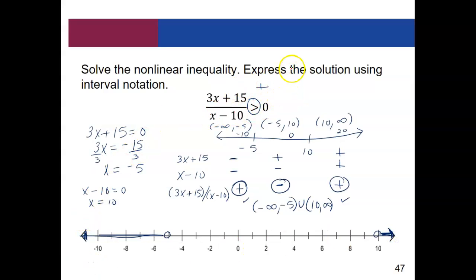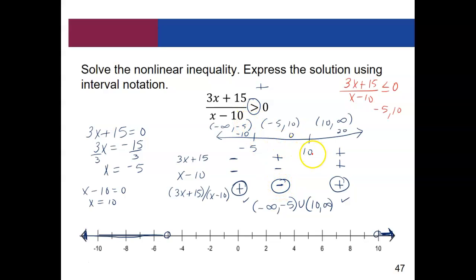While we're talking about this, just as a side note, if I had 3x plus 15 over x minus 10, and I had that less than or equal to 0, so if I change it around a little bit, then I need to take the inside part here from -5 to 10 because I would be needing the negative region.